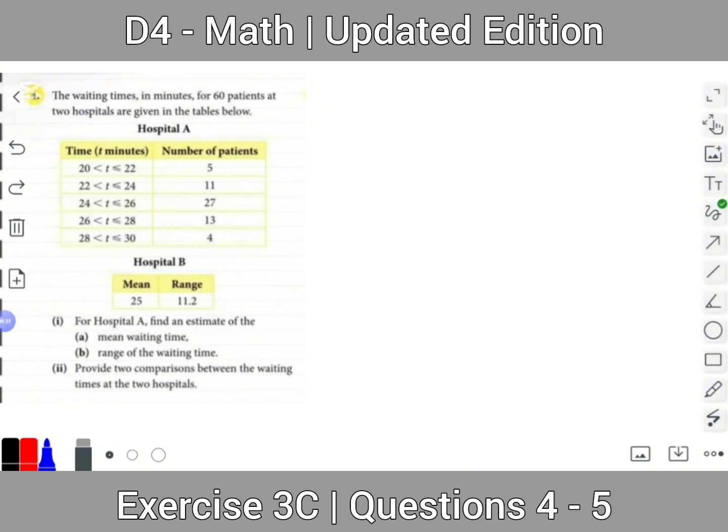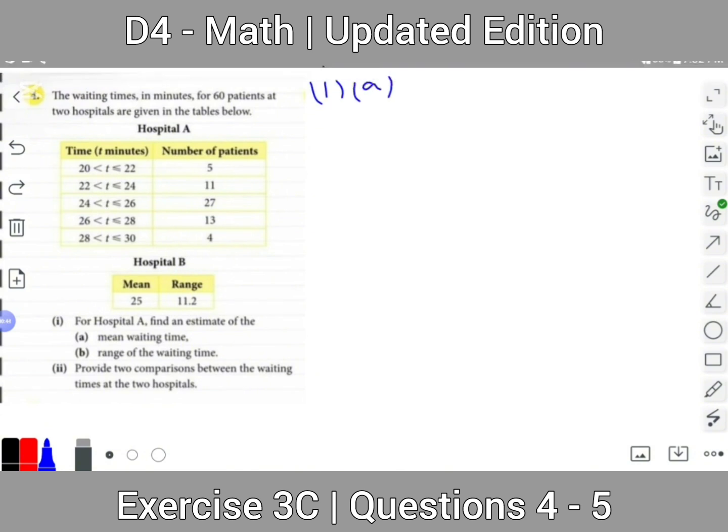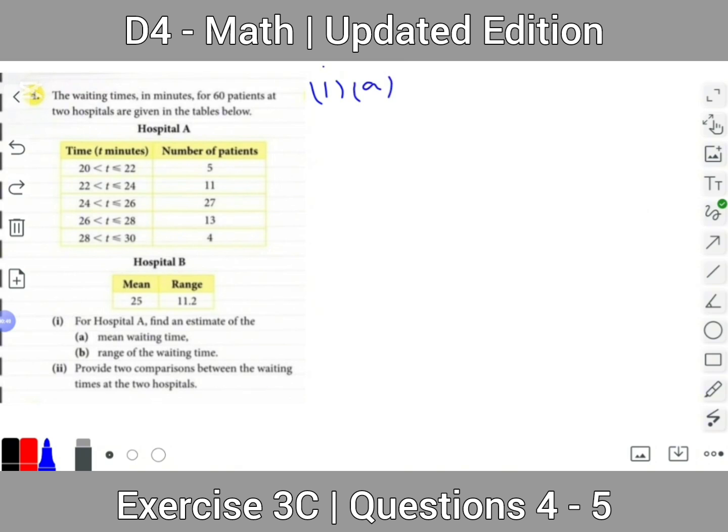So in part 1, for hospital A, find an estimate of the mean waiting time, and in part B, the range of the waiting time. So in part 1A, we have to find out the estimated mean waiting time.